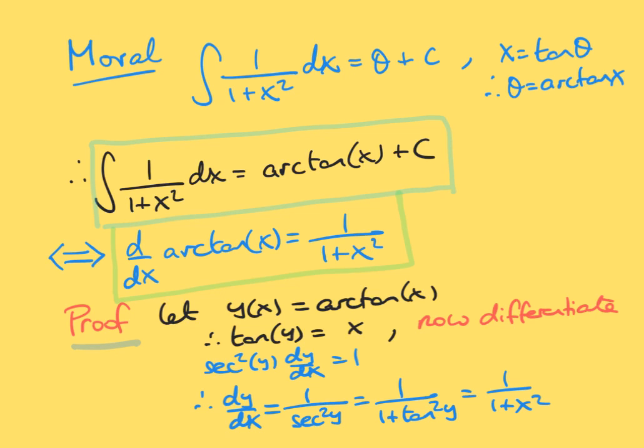And if you know that, you know immediately that the integral of this is going to be equal to the arctangent. So anytime in an integral where you see 1 plus x squared, you should be thinking about making a tangent substitution. And this is, I think, the simplest example of it. With that, I'll stop this video.